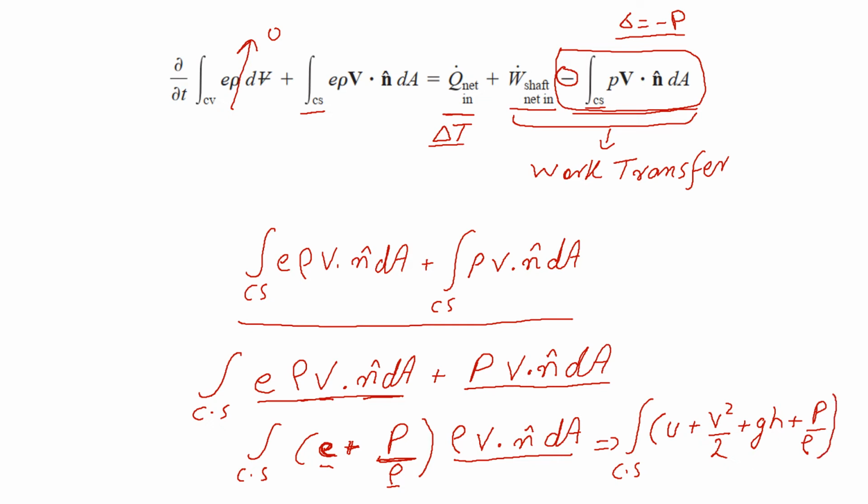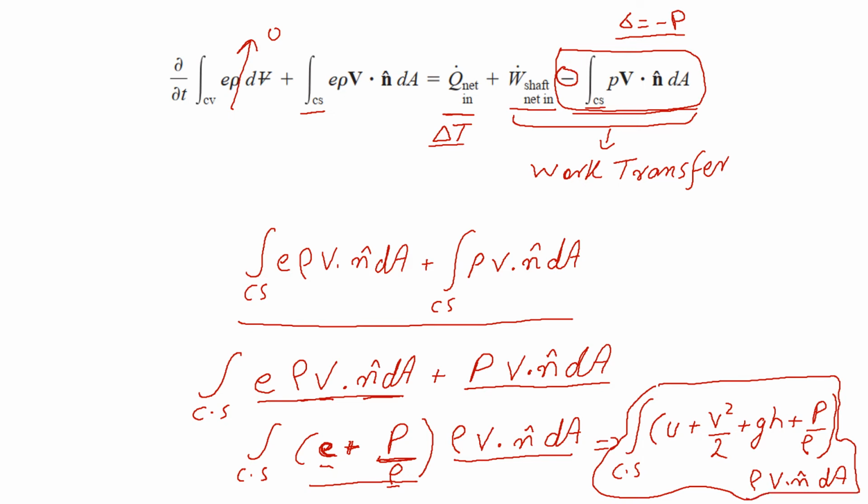So this is what this term will look like, and this term will be multiplied with rho V dot n dA. So this is what my control surface integral will look like now in this Reynolds transport theorem, by making some simplifying assumptions and putting in some values.